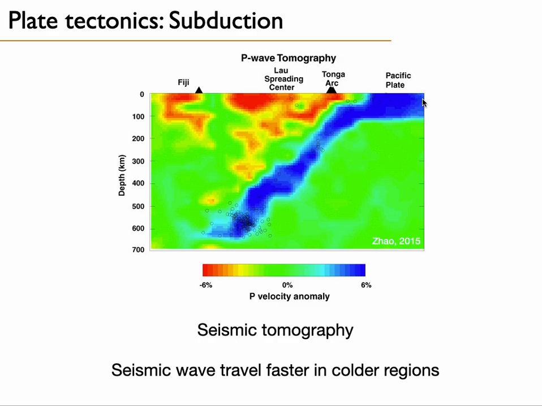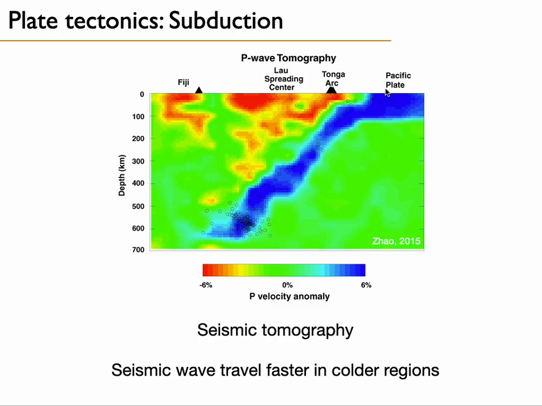So it's bringing the cold from the surface down into the mantle. If one manages to reconstruct the seismic velocity at depth, one may image the position of the cold structure inside the plate. And that's again the example of the Tonga subduction zone.